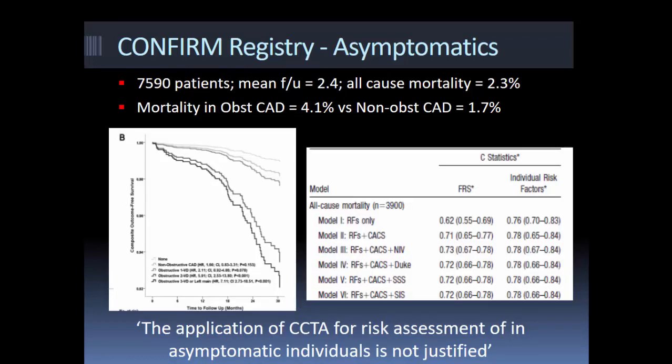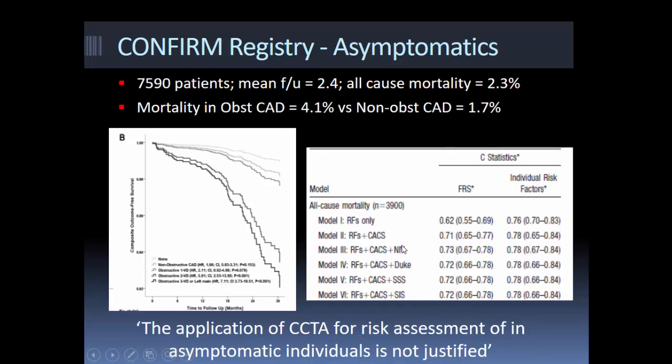Now, when they looked at the outcome of these asymptomatic people over roughly 2.5 years, what they found was that indeed there is increased mortality in those who have obstructive disease compared to those who have non-obstructive disease.